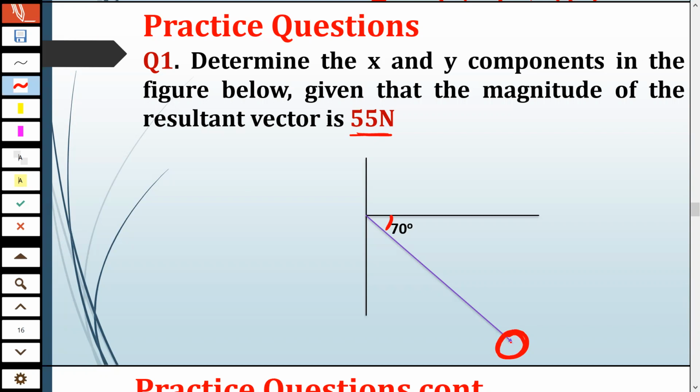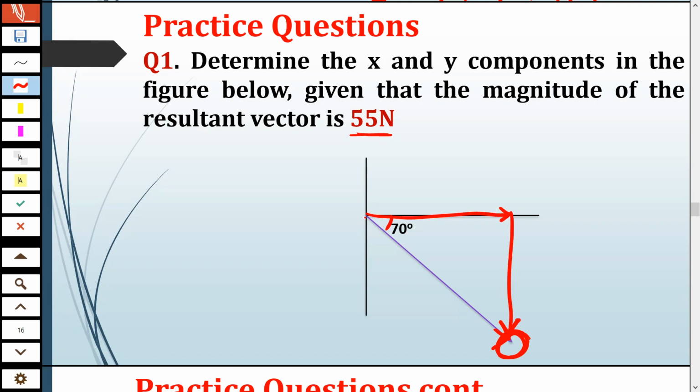Since we know the direction, to reach this point we can either take this direction and go down, or we can take this direction and go like that. Depending on where the angle is, we can find the solution, and the solutions will be the same. The person who has taken this direction will take the positive x and then negative y.